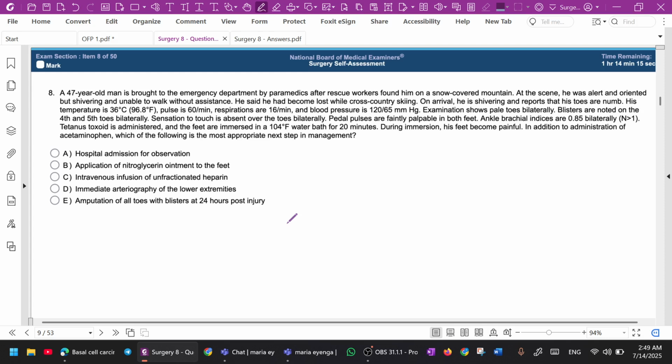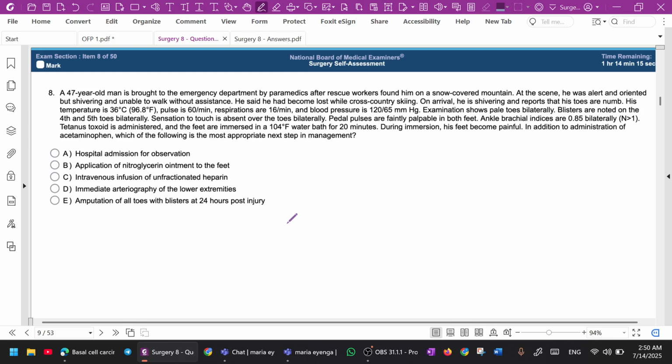Examination shows pale toes bilaterally. Blisters are noted on the fourth and fifth toe bilaterally. Sensation to touch is absent over the toes bilaterally. Pedal pulses are faintly palpable in both feet. Ankle brachial index is 0.85 bilaterally.